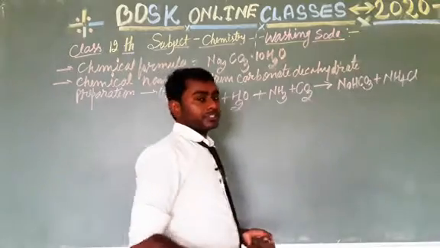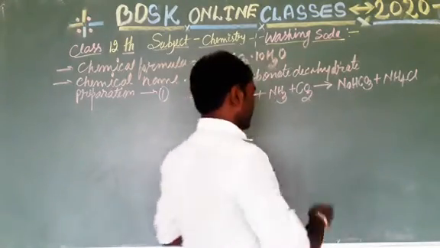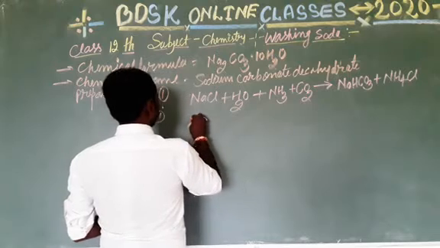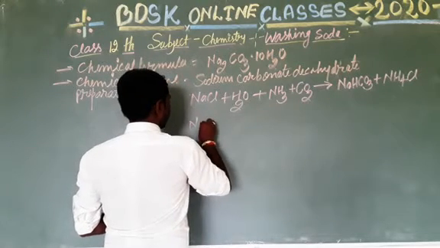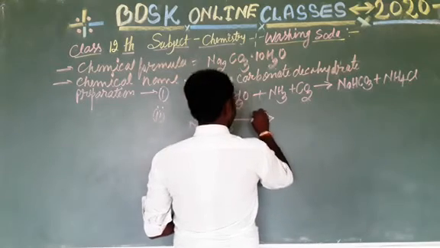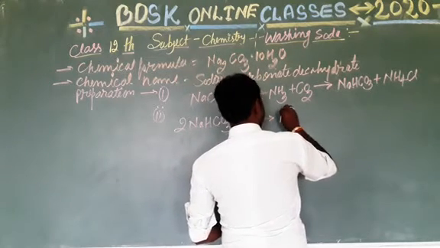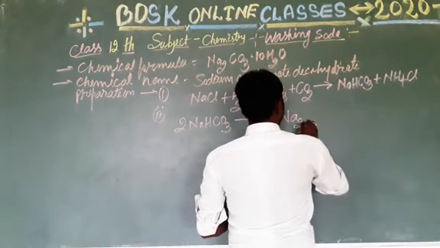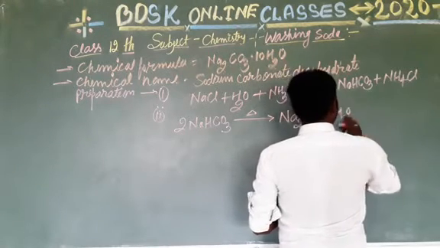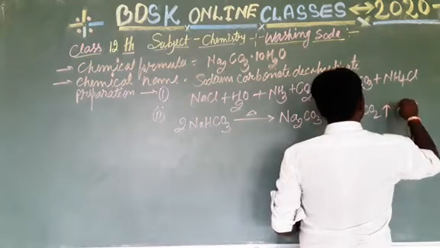Okay, now in the second step, this sodium hydrogen carbonate, that is also called sodium bicarbonate, undergoes heat and forms sodium carbonate, water and CO2 gas.